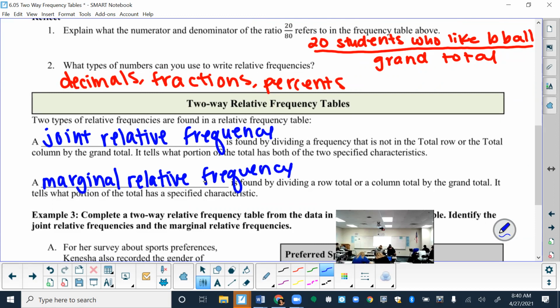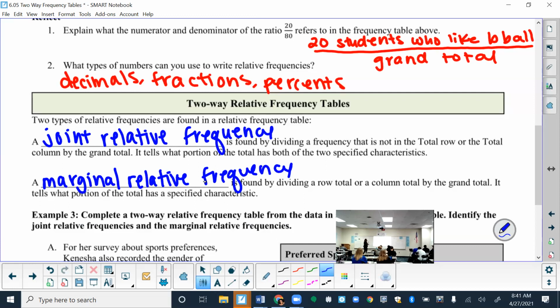So joint relative frequency, marginal relative frequency. When we hear relative, we should be thinking of fractions, decimals, or percents, relative to the entire group of people we're surveying. Joint and marginal refer to how many categories are involved. Joint would be when there are two categories, like girls who like basketball, or boys who like football.